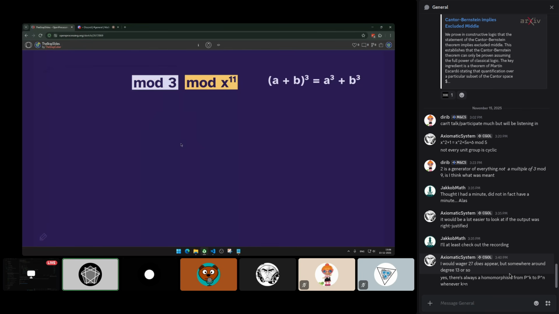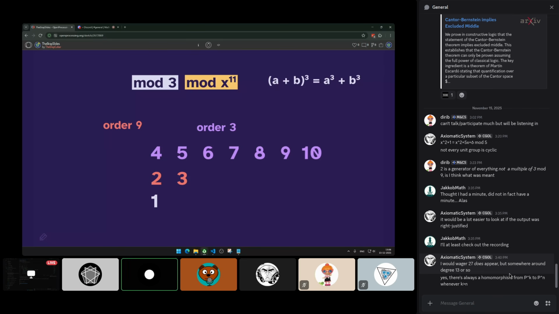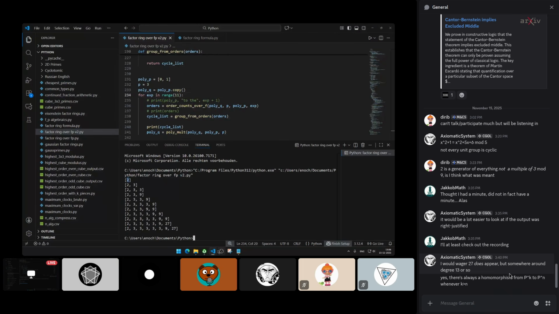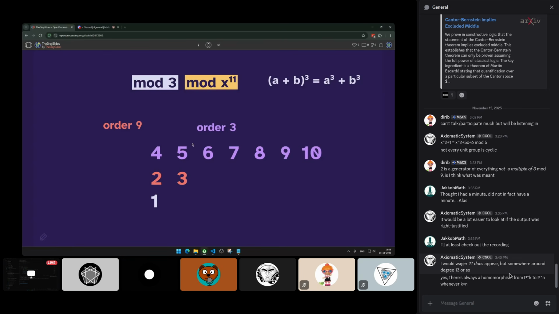So that process that we did is giving us the structure if we ignore the initial field of order 2. That makes sense. So since this is mod power of x, we're kind of ignoring mod x, which ends up just being the field mod 3, which is like that integer case of Fermat's little theorem.